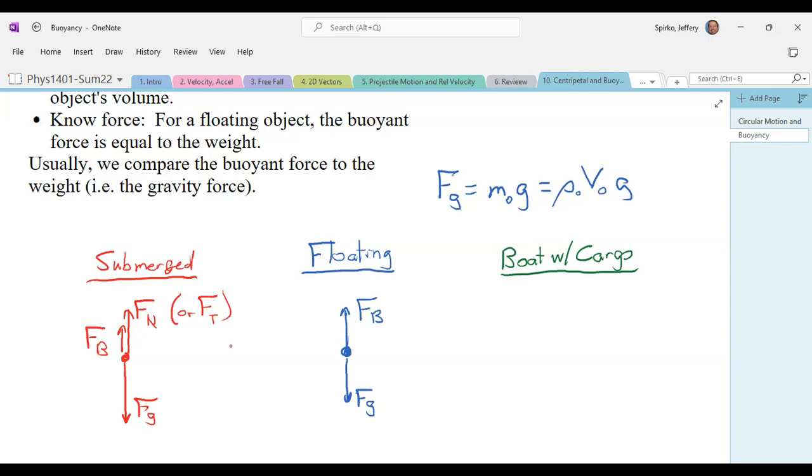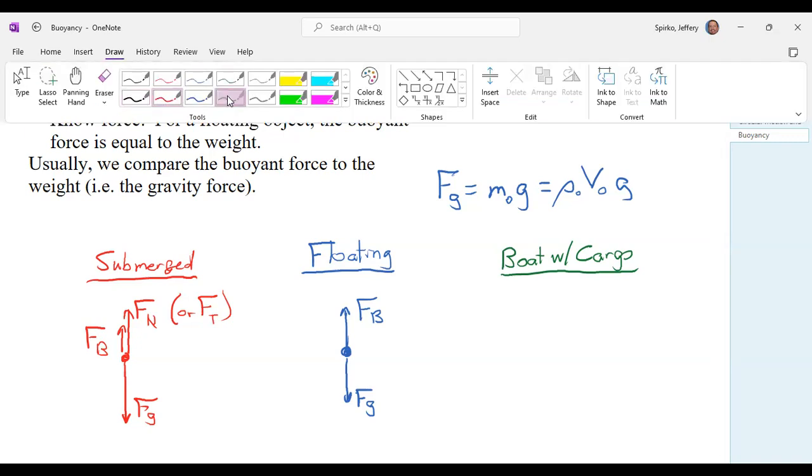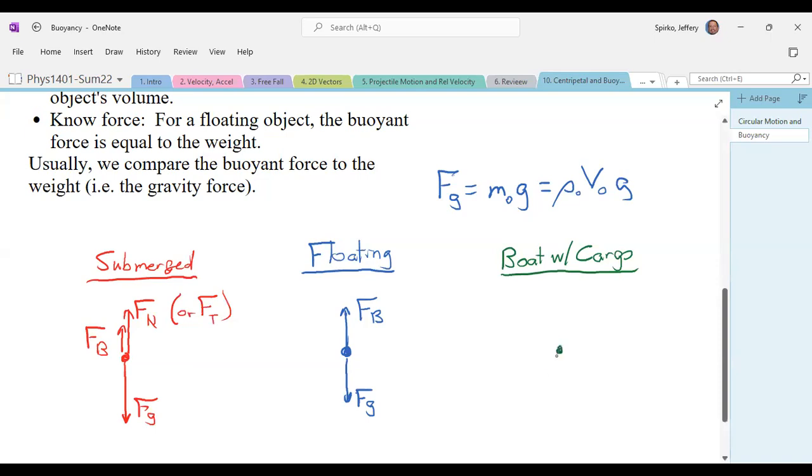Now I want to jump over and think about the boat with cargo. Now, the boat with cargo feels a downforce from the force of gravity. That's m boat times g. And I'm putting the mg there to try to make it clear exactly what force I'm talking about.